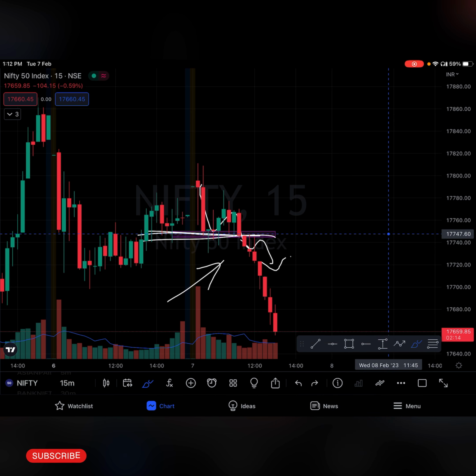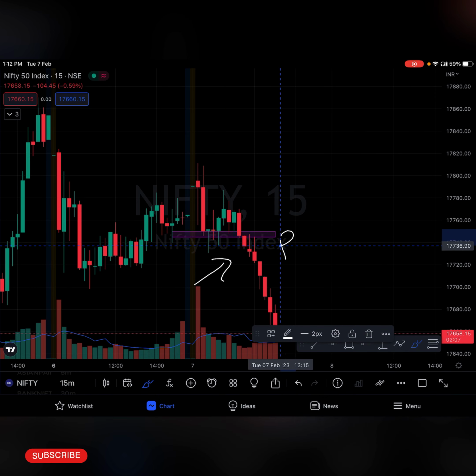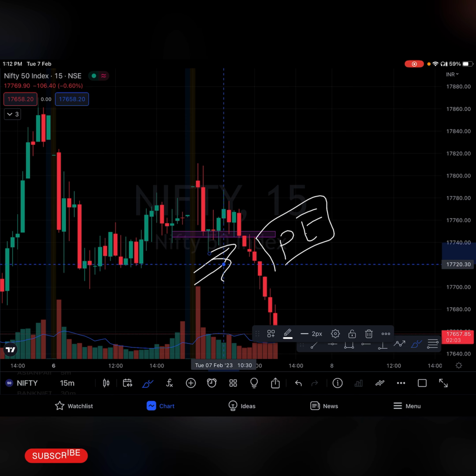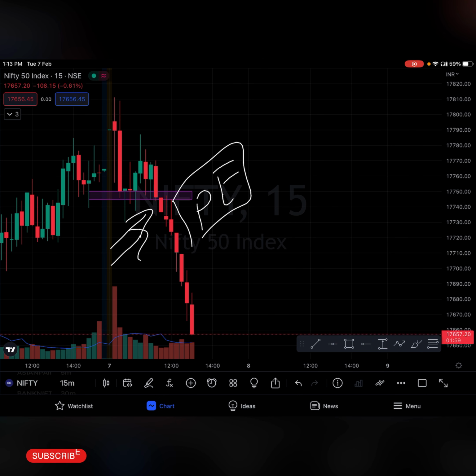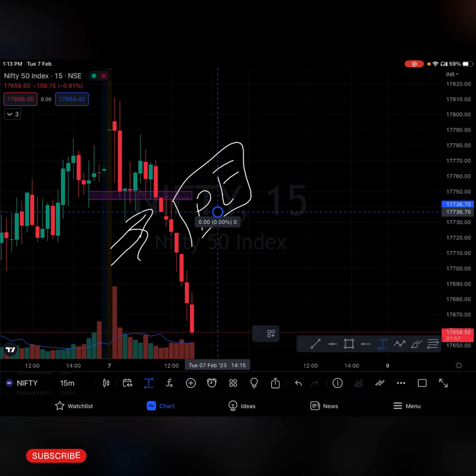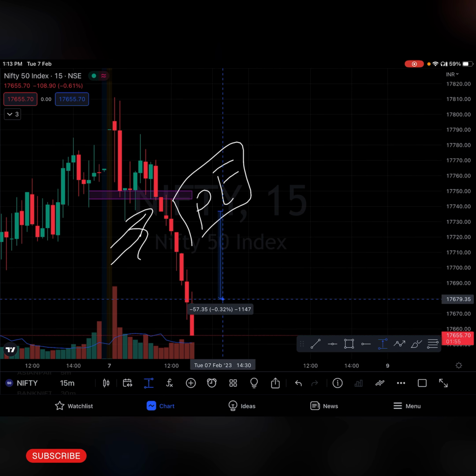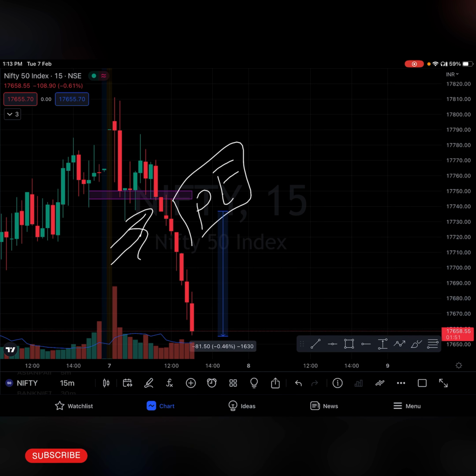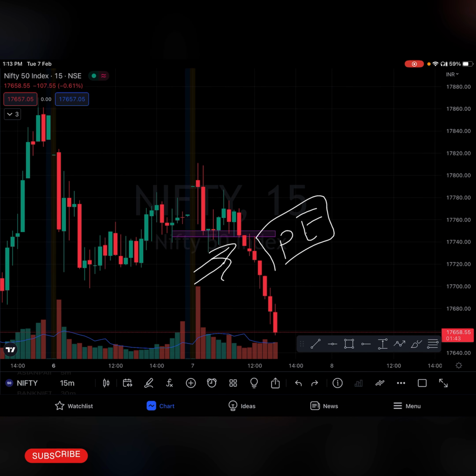As we discussed, whenever our analysis is saying that the market may fall from this particular zone, we have to go for put option, PE option. If we buy put option here, you can measure that from this zone to this zone we have almost captured 81 points. So this is the live example of when we should buy put options.